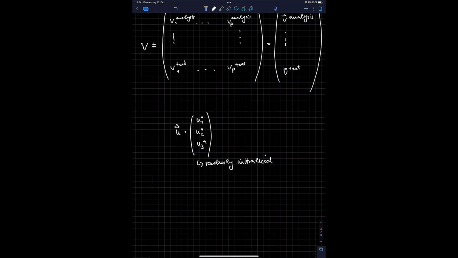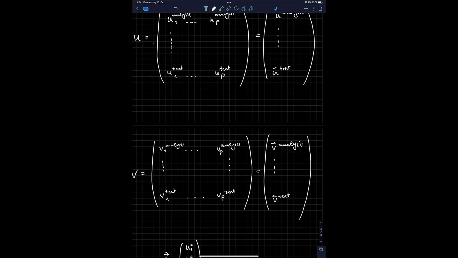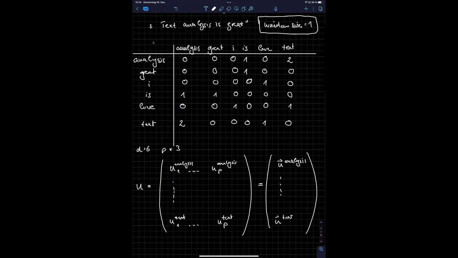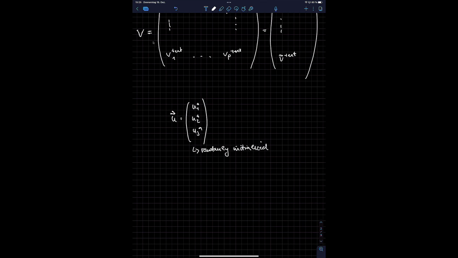And then we also would use a second matrix which has word vectors for the same words, but those are now the word vectors that would be used as the context word vectors. Okay, so that means, for instance, in our example here, one of the first co-occurrences we may take a look at is this one, analysis and is. So that means we also would take a look at the vector V for the word is, and that would also be a 3-dimensional vector.